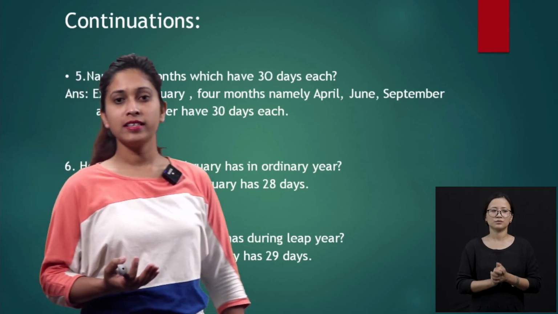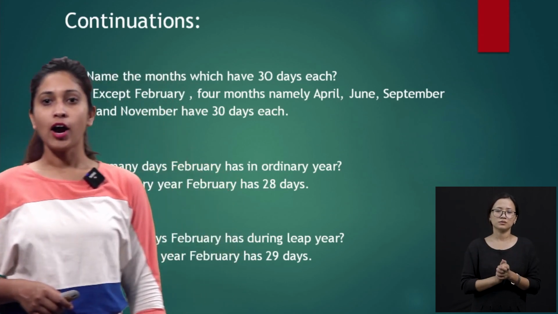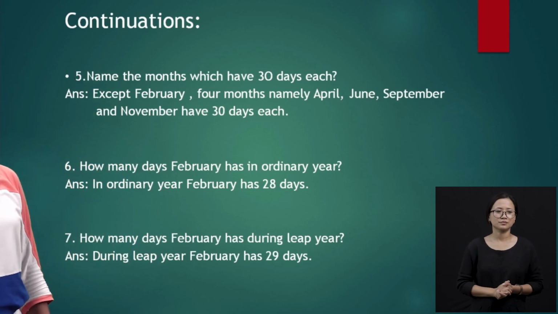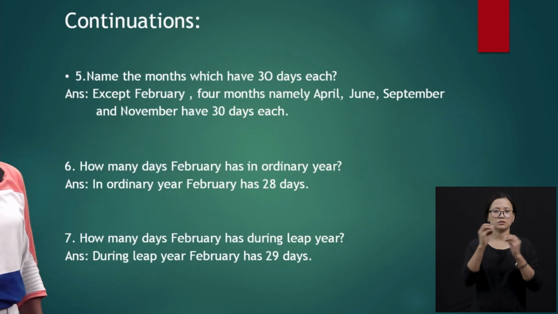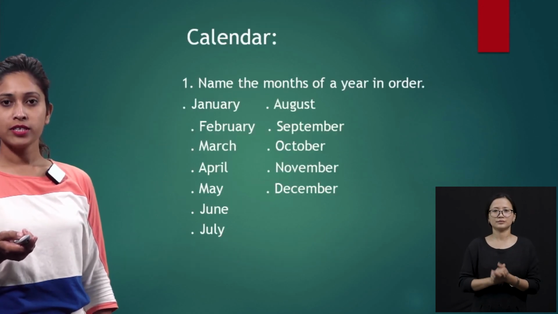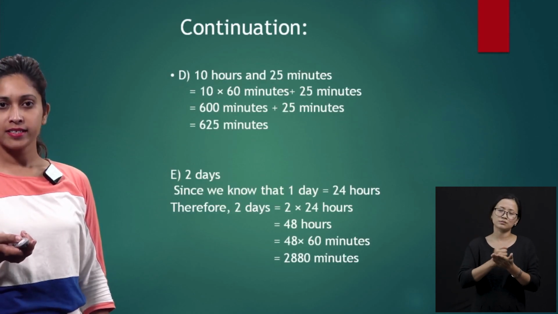So we just learned that during the leap years, February will have how many days, children? 29 days, right? So it's very easy to know about the calendar and the time, right? You just have to concentrate and then you need to practice, right?